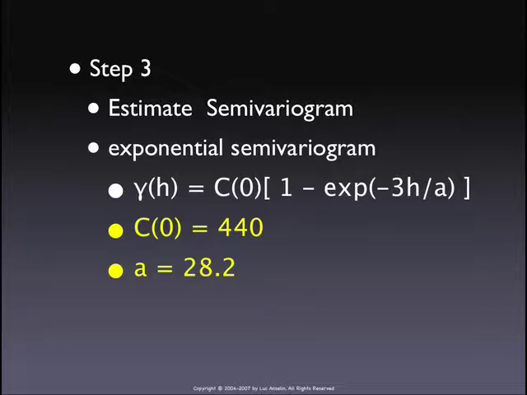And then because of the connection between the semi-variance, gamma h equals C0 minus C(h), with C0 in hand, and given gamma h, we can get C(h) for any h, and that's what we need for any distance.